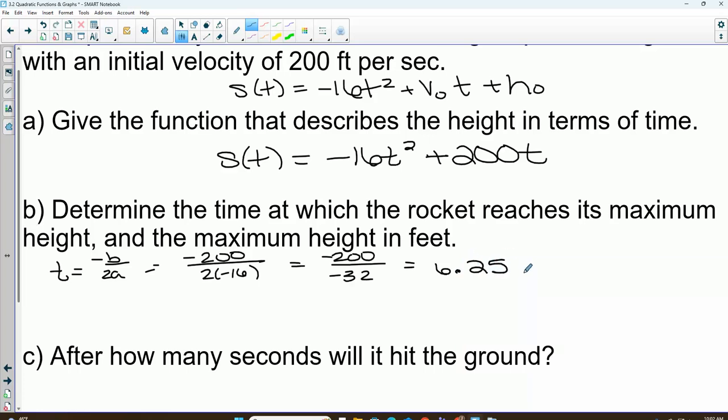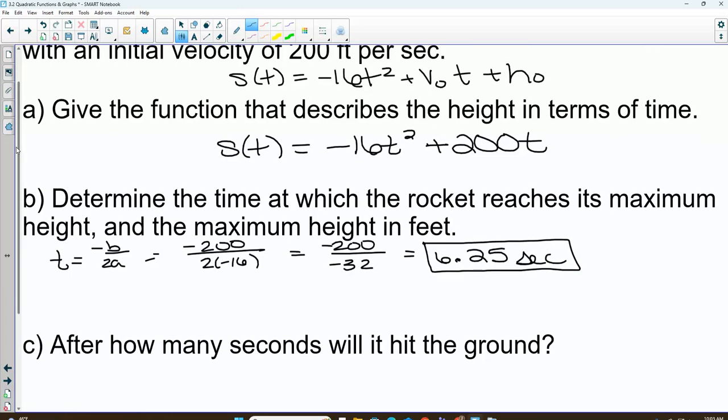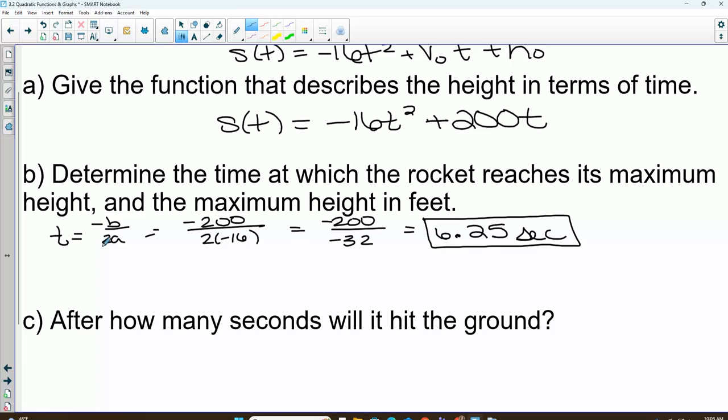So I get 6.25, what would my units be? Seconds. All right, then we found the time. How do we find our maximum height? Plug in 6.25.